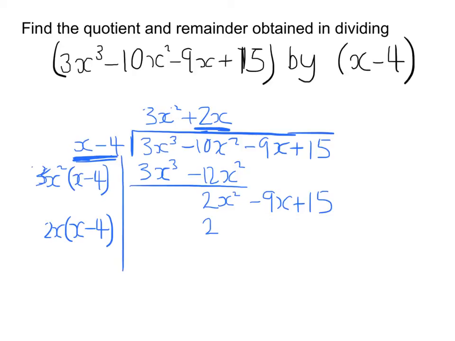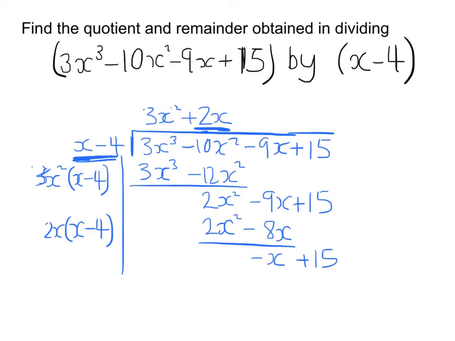Right, so that's in kind of a separate column. You don't need to include that bit. Right, so we've got 2x squared, take 8x, and then if we do the subtraction, minus 9 minus minus 8 is minus x, and then we've got plus 15 comes down.